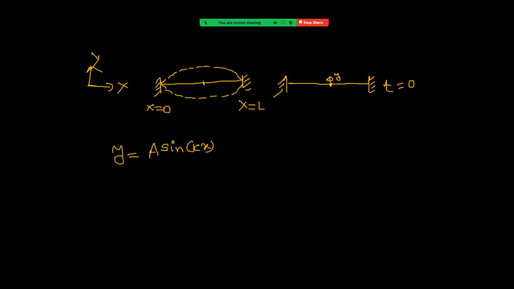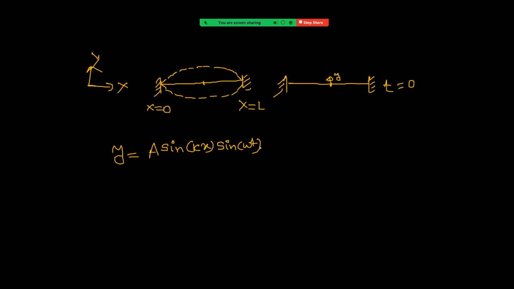So passing through mean position means for antinode, displacement equal to 0 when t equal to 0. I am repeating, for antinode at t equal to 0, displacement is 0. And this is possible if we write omega t also as sine function. So it is now sine omega t. Because if you take t equal to 0 here, y value is 0.